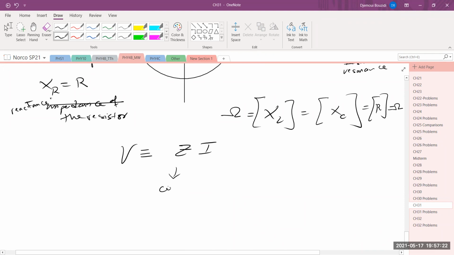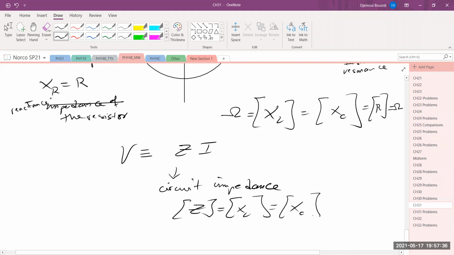This is the circuit impedance. And Z has the same units as XL, the same units as XC, the same units as R, and all of them are in ohms.